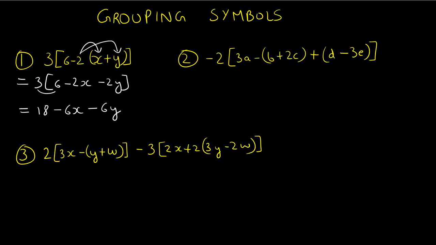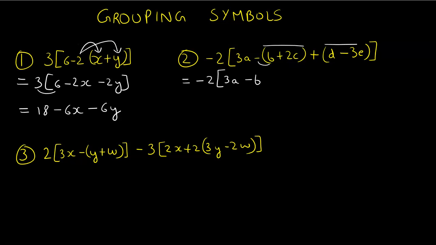So let's try this. First we have two parentheses over here, this one and this one. So this is the one we will be working on first. So we have negative 2, we write 3a simply, we don't do anything with it. Then we multiply the negative sign with positive b, that is negative b.